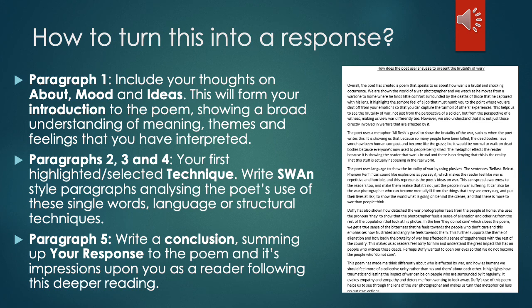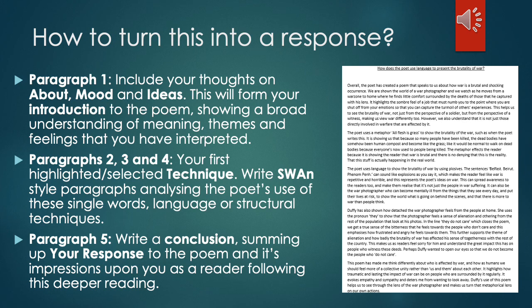Paragraphs 2, 3 and 4 are going to be those selected techniques or single words, or perhaps even a paragraph about the mood with evidence selected. That means quotations taken from the text. Ideally, it will be a swan style paragraph on each of those 3 selected quotations.